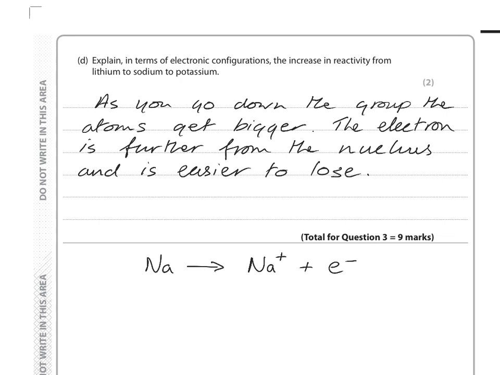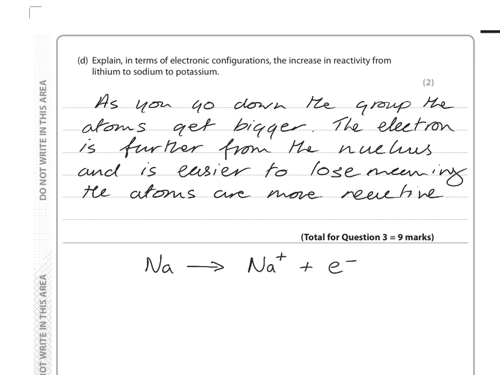And the reason for that is that that electron is held in to the atom because it's attracted to the positive nucleus, and therefore the bigger the atom, the further the electron is from the positive nucleus and the easier it is to lose. So as you go down the group, the atoms get bigger, the electron is further from the nucleus and easier to lose, meaning the atoms are more reactive, and that will get you a good 2 marks.